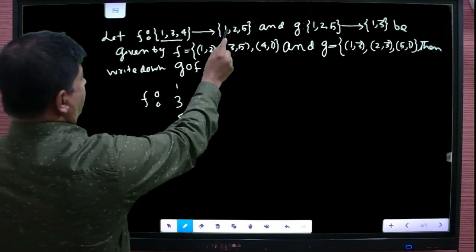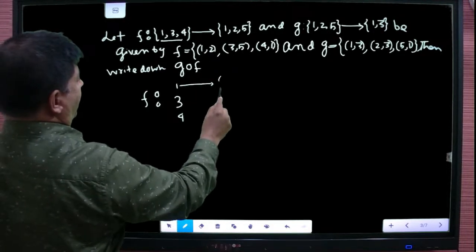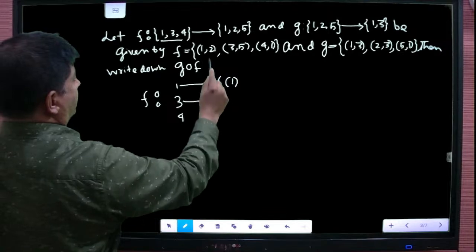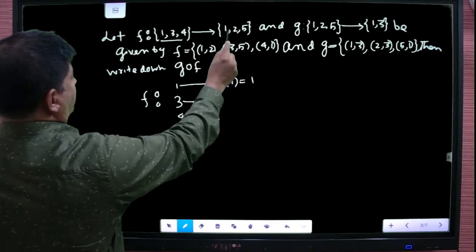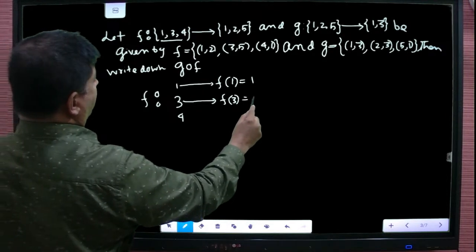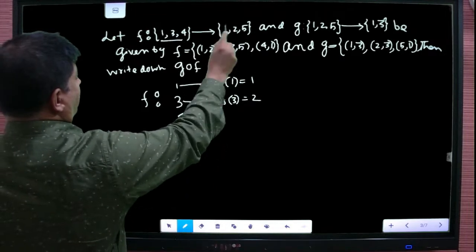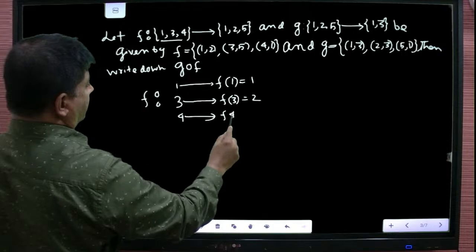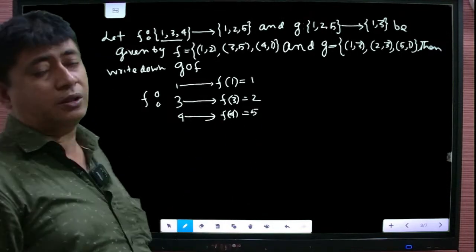This 1 will be F1, which is 2. This 3 goes to 5, so F3 is equal to 5. And this 4 goes to 1, so F4 is equal to 1.